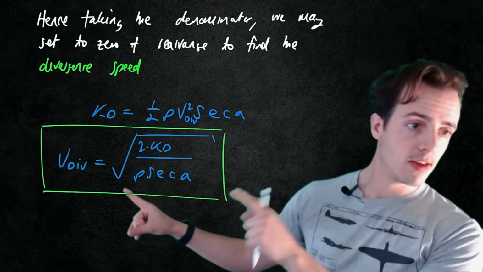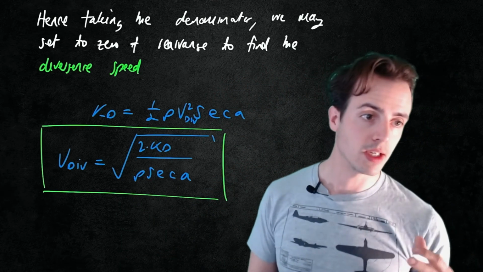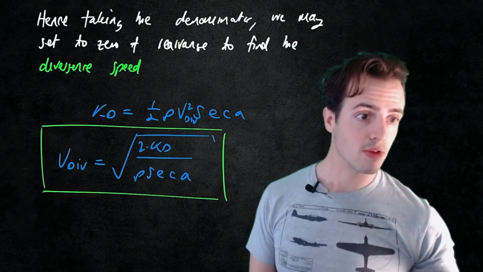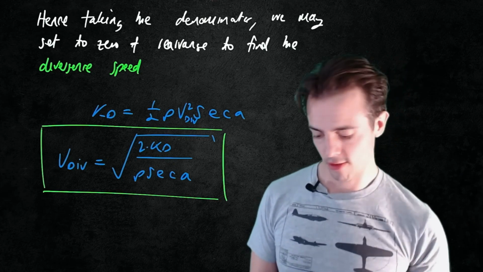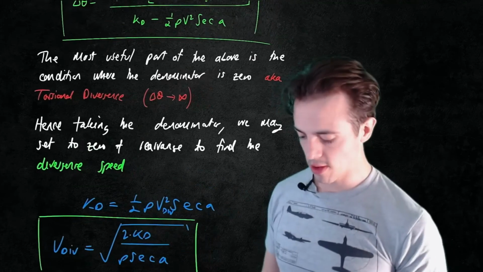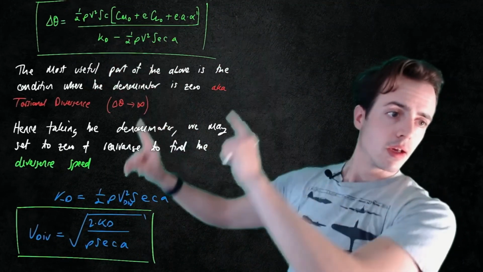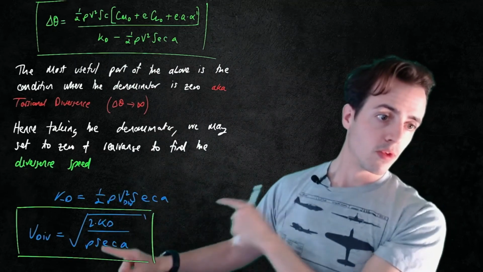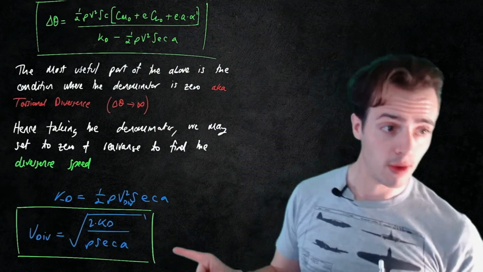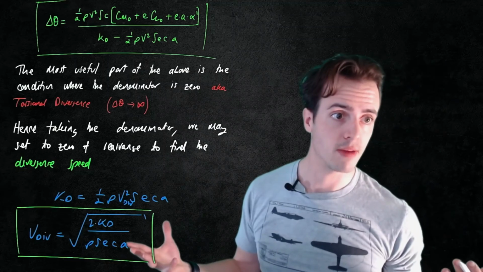Okay, so this is the speed at which the aircraft will encounter loads that are so high on the wing that they catastrophically snap off, and obviously we want to avoid that. But interestingly, we can see that this complicated expression up here can be reduced to a much simpler expression that gives a meaningful insight about some important design parameters about the aircraft.